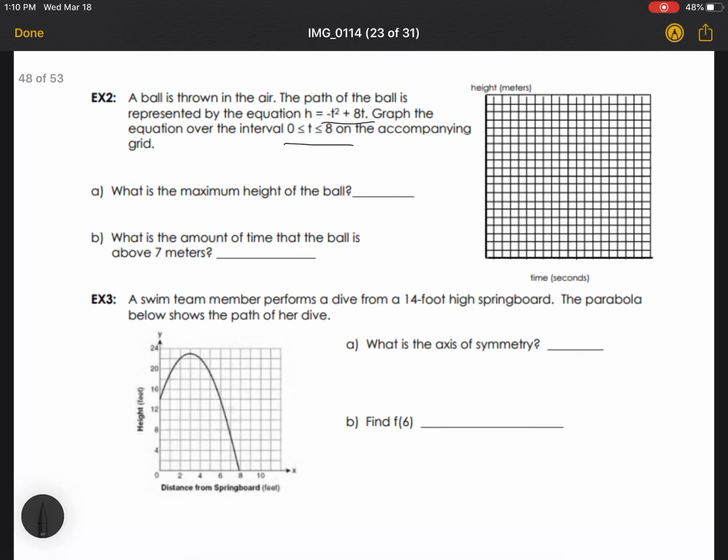What we can do, guys, is we can just type this into our calculator, negative t squared plus 8t, into your y equals, except you're not going to be using t, just use x as your variable. So you can do that on your calculator and then plot those points. I'm going to start plotting mine.